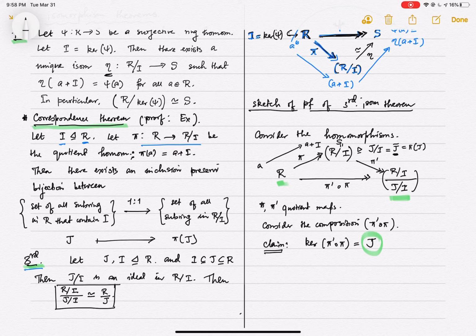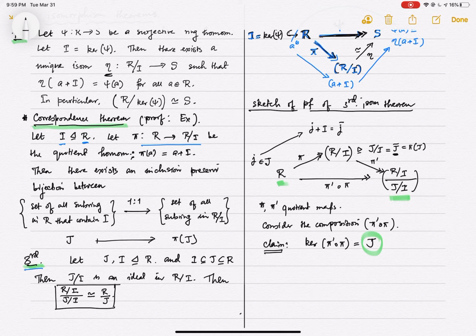Let's just do it in this picture, even though this picture is kind of becoming messy. It's a good idea to, as they say, chase these diagrams and figure out what's going on. So if you give me an element in J, it goes to its coset, call it j bar.